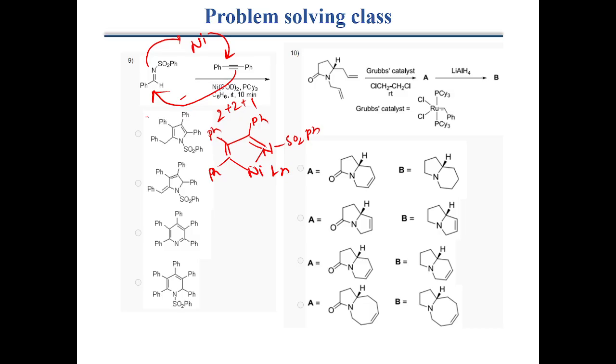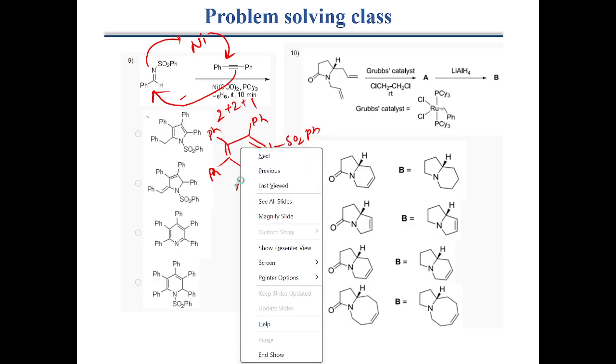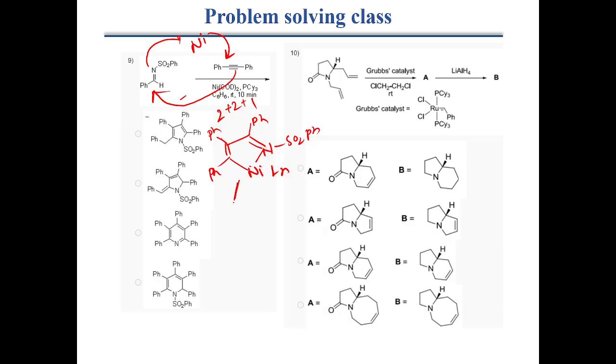Next, what happened? Next, one equivalent of alkyne is added here. Okay, this will go like this. This will be the double bond. Okay, this will be the single bond, right? So if it reacts this way, then that will be the single bond.